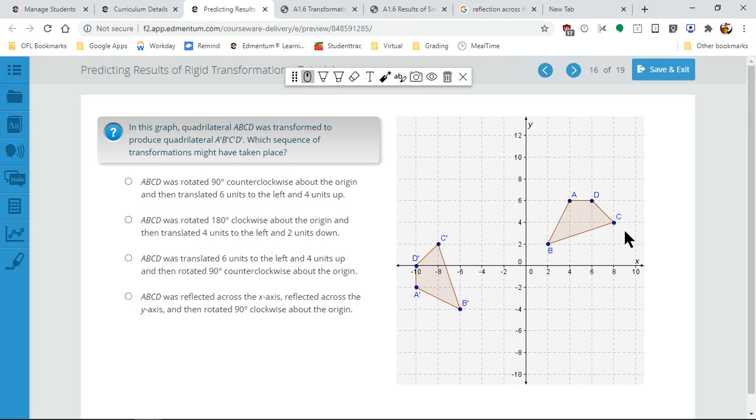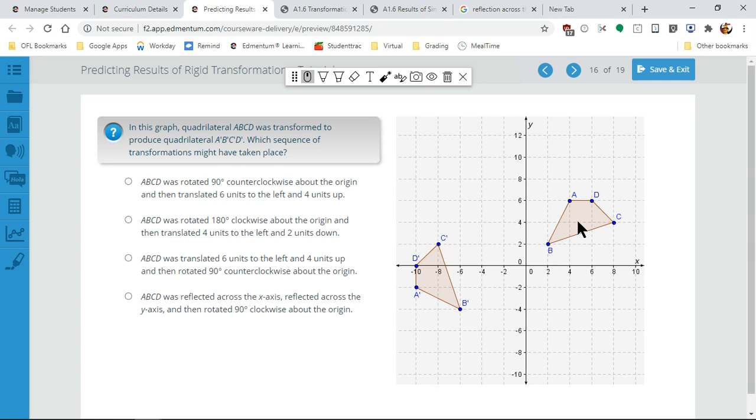Let me look at this A. This A is negative 4, 6. So it looks like we're doing quite a bit of work here. I know there's a rotation, so anything without a rotation is automatically wrong. All of them have rotation.